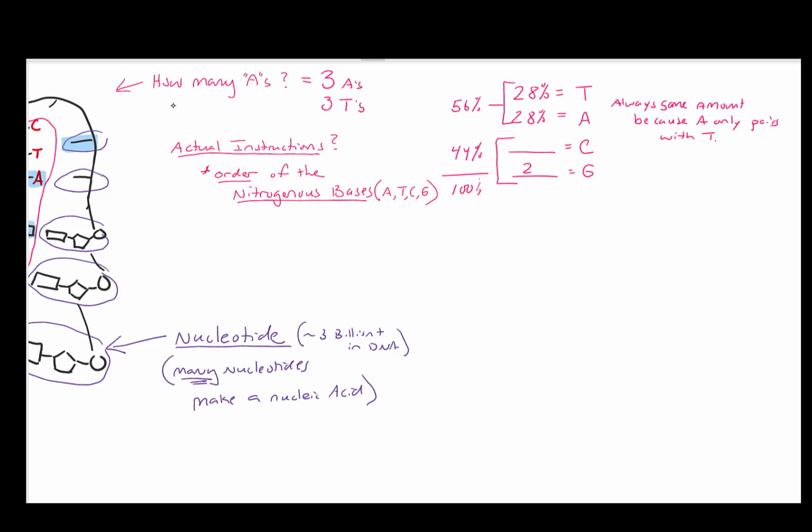So 44 divided by 2 gives you 22% C and G. And just remember, C and G, they always pair up, so they always have to have the same amount.